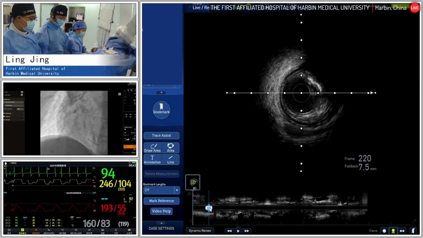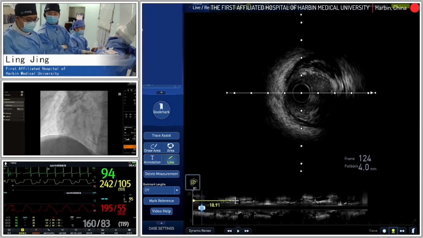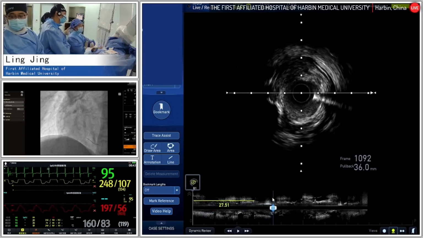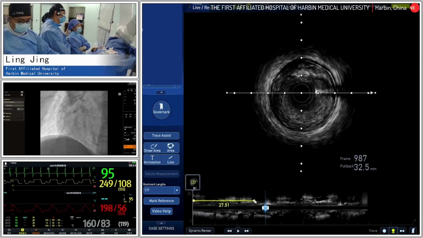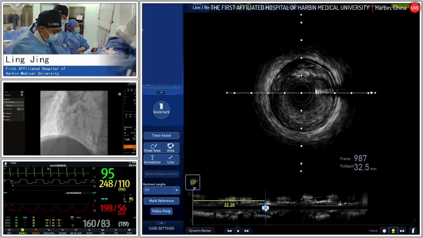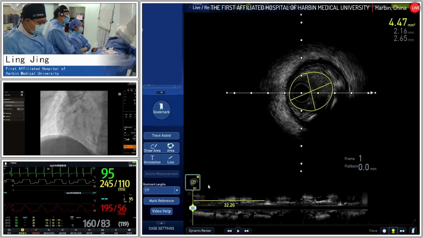Okay, 2.5 stent, 30 or something, I think is fine. However, the proximal part needs further modification. So maybe a 2.75 balloon later for the proximal part of the RCA. Okay. So 2.5 by 30.